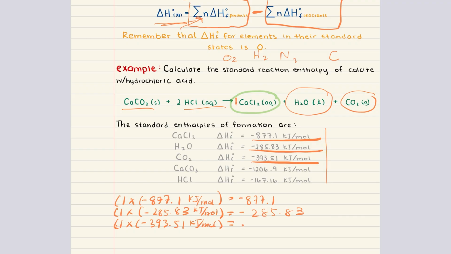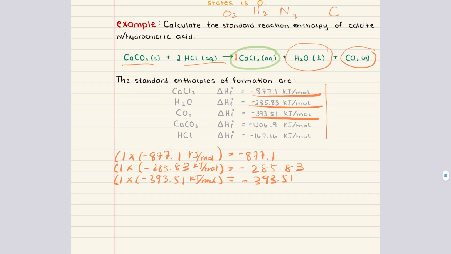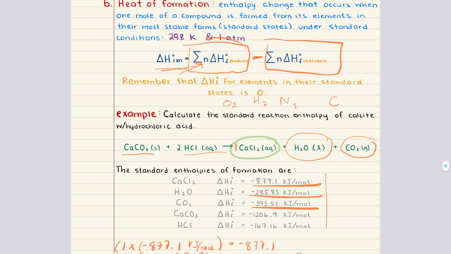So this is equal to negative 393.51. The total products is going to be the sum of all of this, and that will give us negative 1,556.44 kilojoules. So this is the following term in our equation.